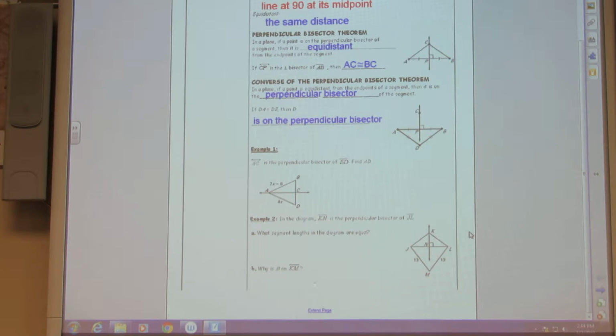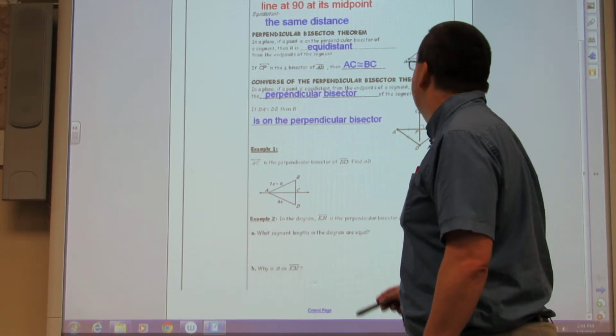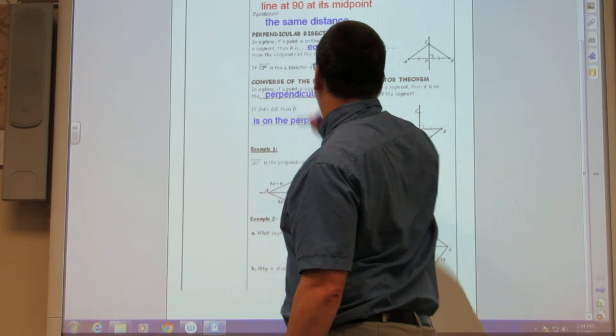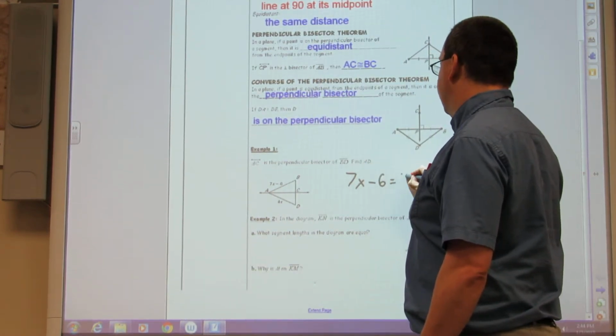Some examples of problems here. Example 1, AC is on the perpendicular bisector of BD. They want me to find AD. So because it's on the perpendicular bisector, I know AB and AD are congruent. So I set up the problem: 7x minus 6 equals 4x.